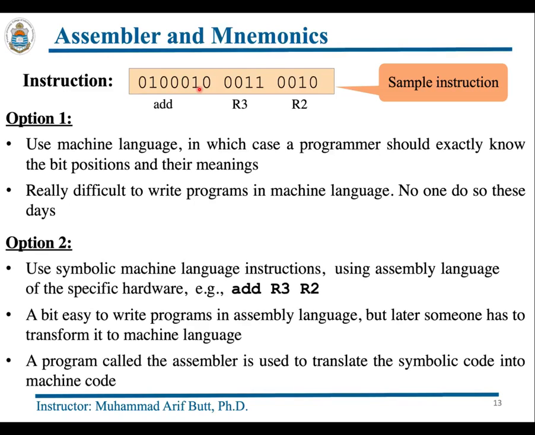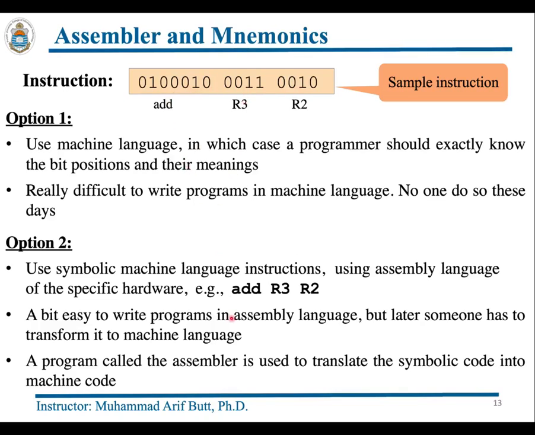So there is another option, and that is we devise a symbolic machine language having symbols instead of zeros and ones, and that language is called assembly language. Let's suppose this is an assembly language instruction which says add R3 R2. So this instruction is comparatively easier to understand than this series of zeros and ones.